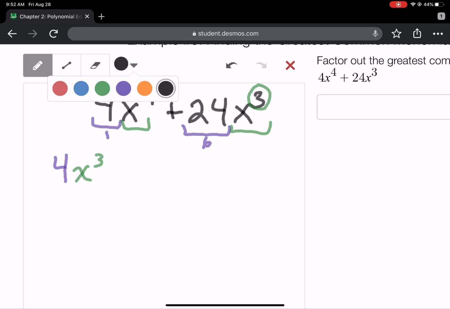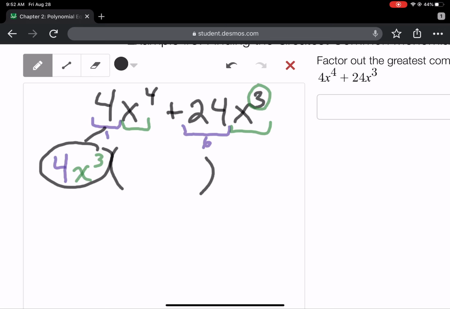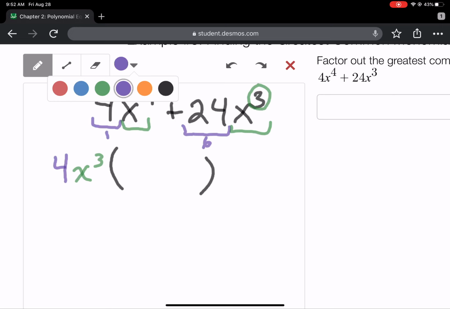Now I'm going to put a parentheses, because I'm going to take this out from both of these. Basically, I'm dividing it out. So what's going to be left over if I take this out of my problem?